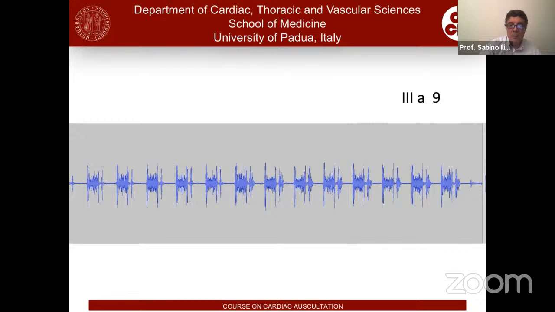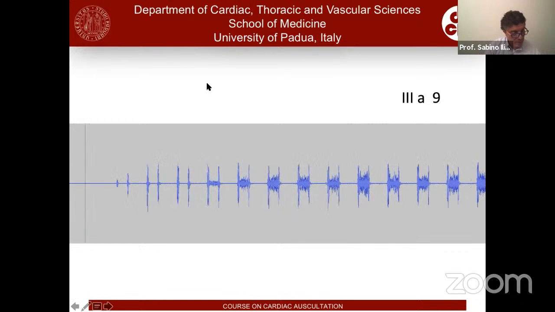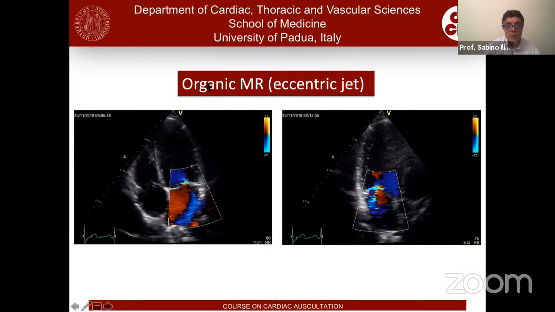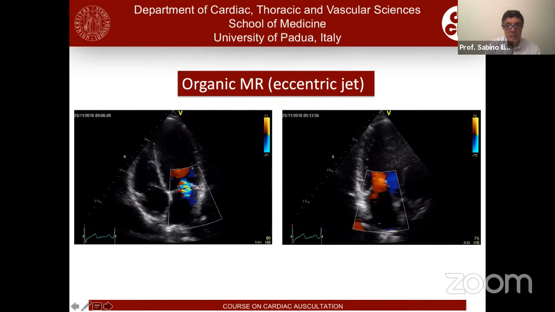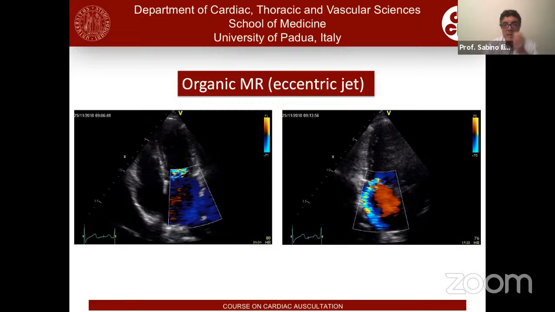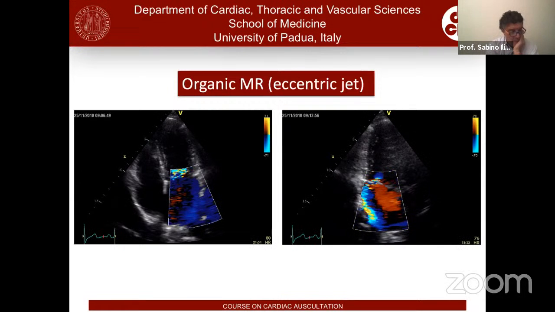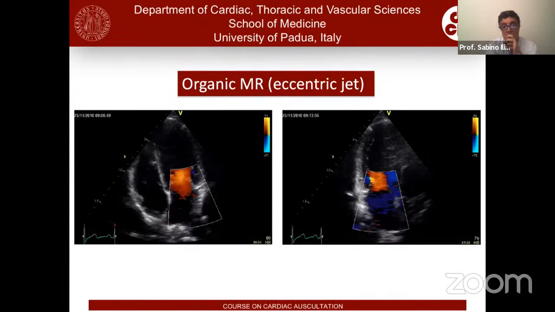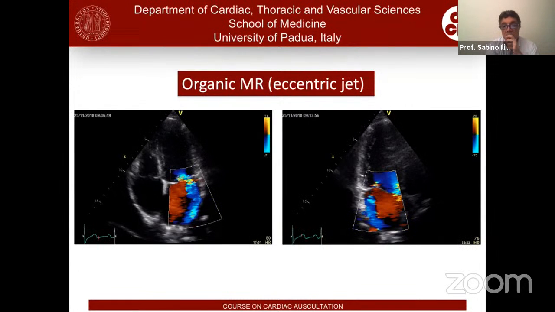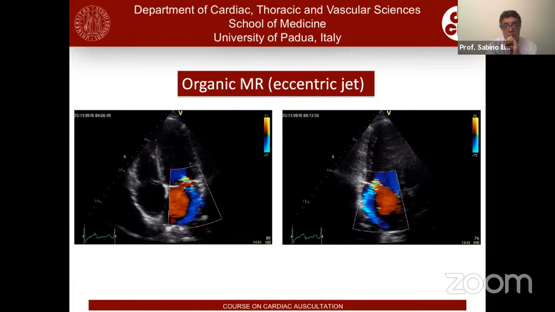So we are now close to the end, and then we shall devote time to question and answer. This is an interesting example of a very particular mitral regurgitation.